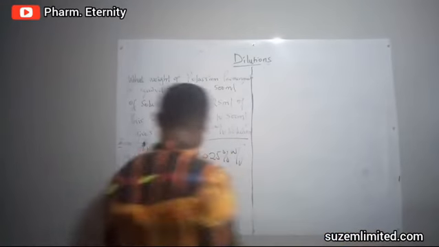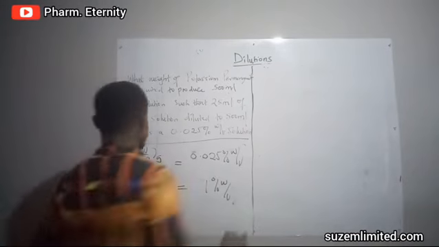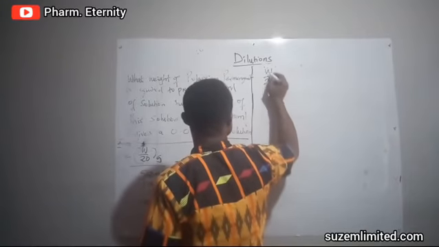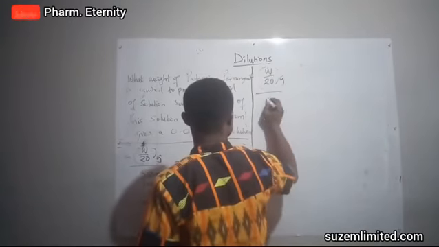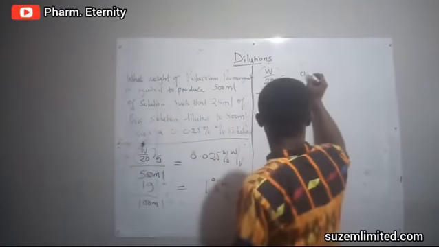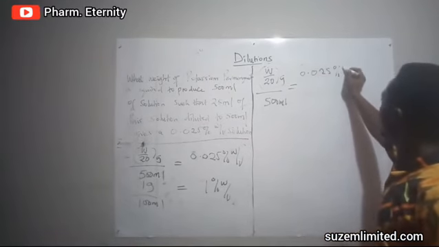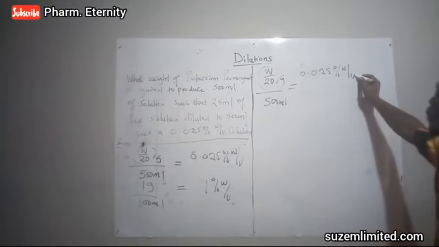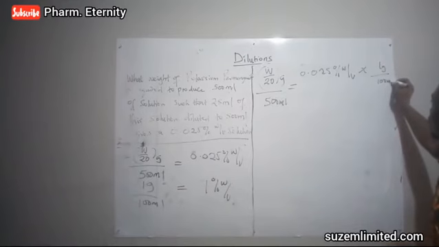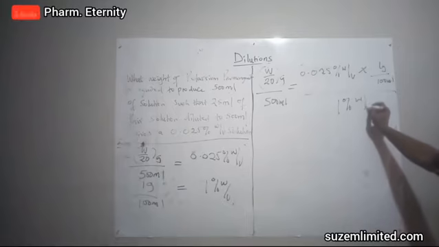All right. So with this, let's make this the sort of formula. W over 20 gram all over 500 ml is equal to, let's cross multiply, 0.025% weight per volume times 1 gram over 100 ml, all divided by 1% weight per volume.